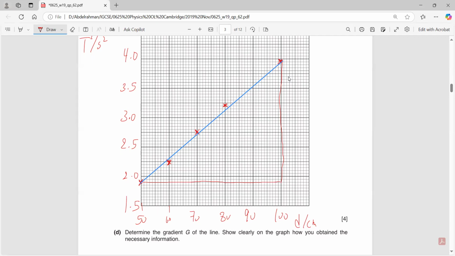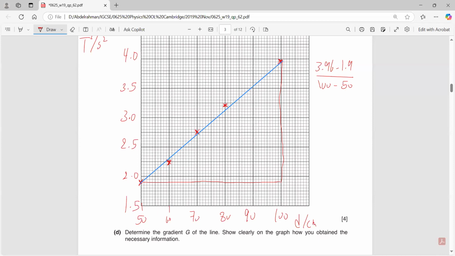When we join these points, how can I find the gradient? Rise over run, y2 minus y1 over x2 minus x1. So y2 is 3.96 minus 1.9 over 100 minus 50. You should write this in the space below.